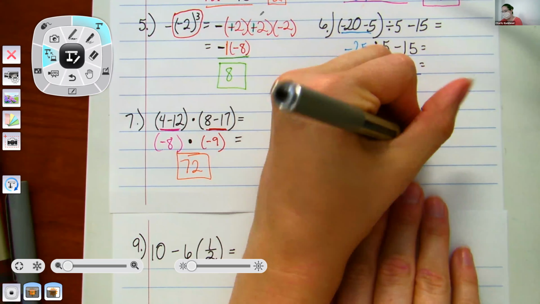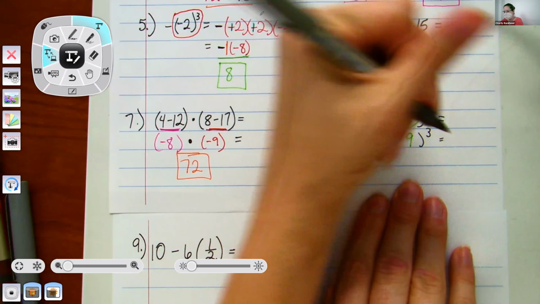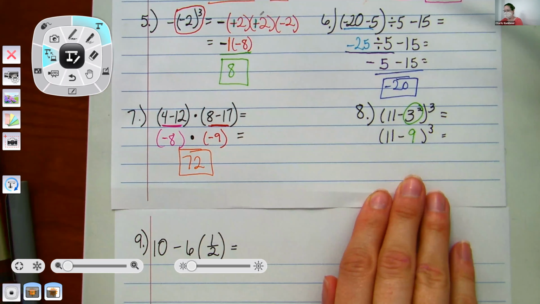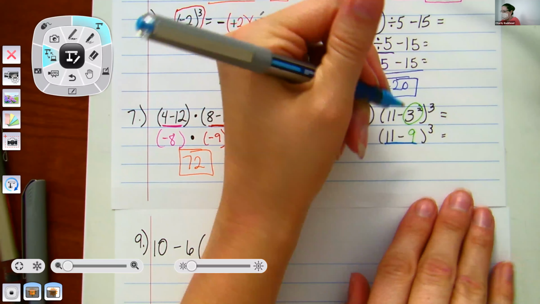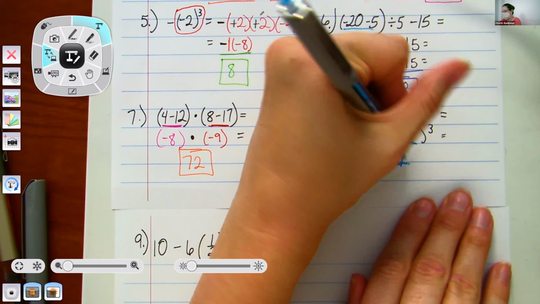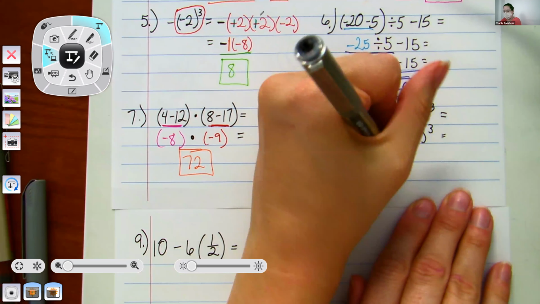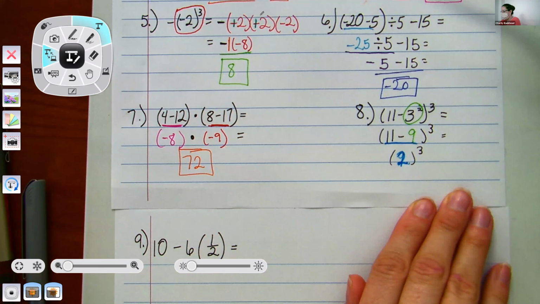So I have 11 minus 9 in parentheses raised to the power of 3. All right, so then I need to finish doing what's on the inside of the parentheses, which is 11 minus 9. And 11 minus 9 is just 2. And then I just need to do 2 to the 3rd power. So 2 times 2 times 2 is equal to 8.